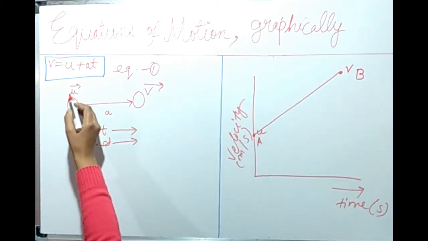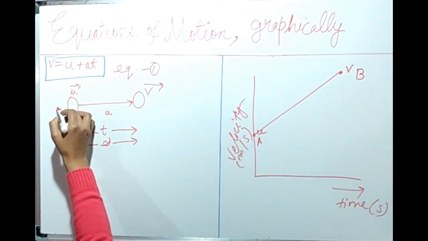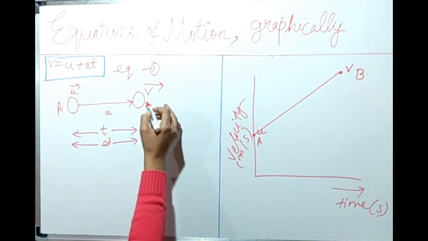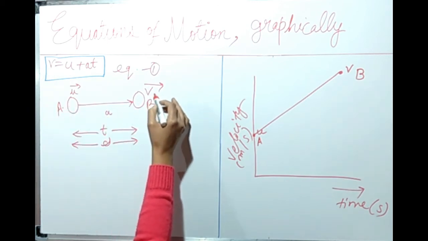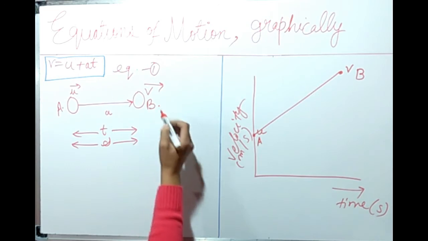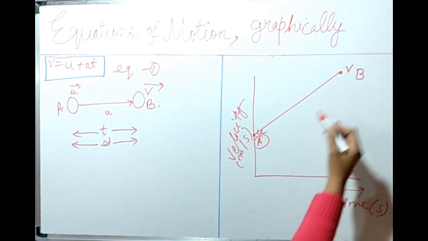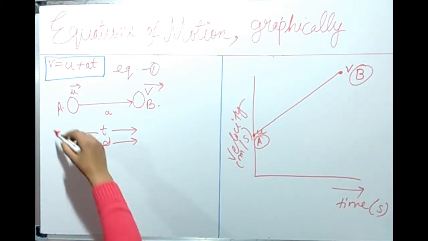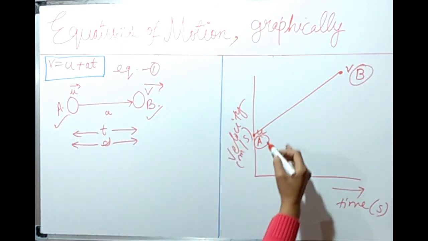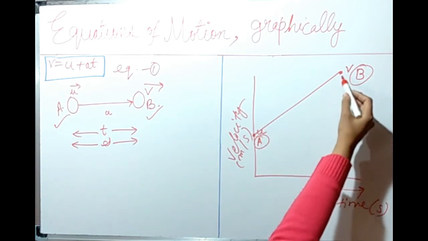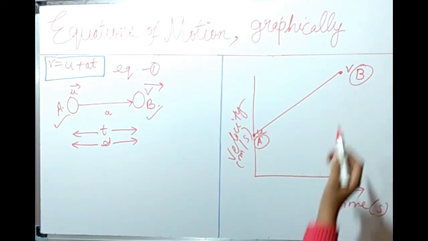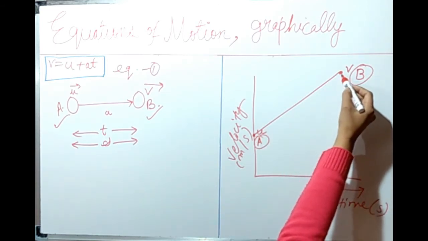Similarly, when the object is moving with velocity u, this point is A, and the point where final velocity is v, that point is, let's say, B. These A and B points are represented here in the graph, A here and B here. From point B, let's do the construction.